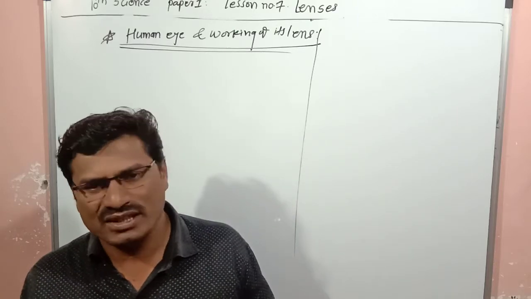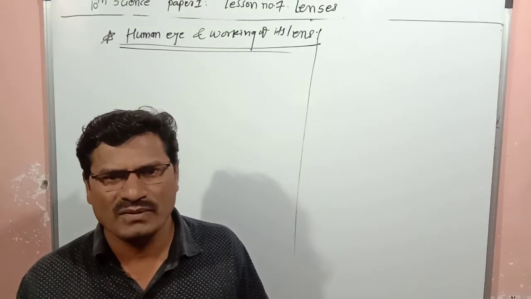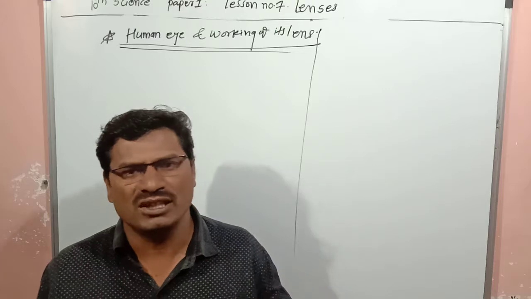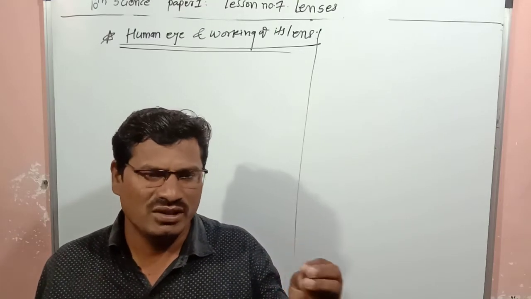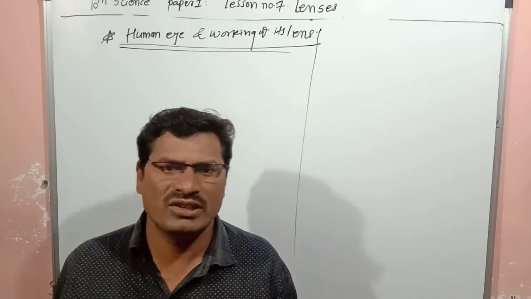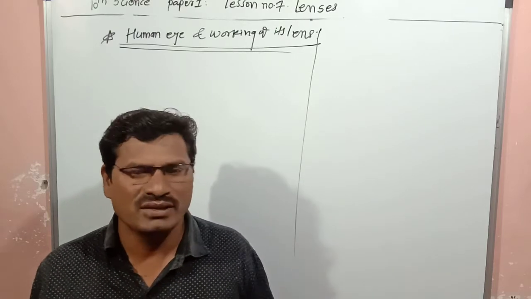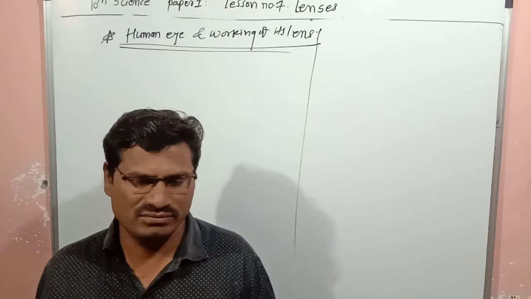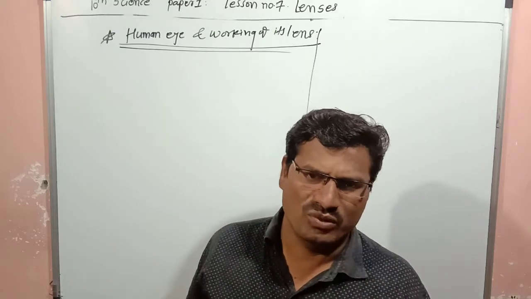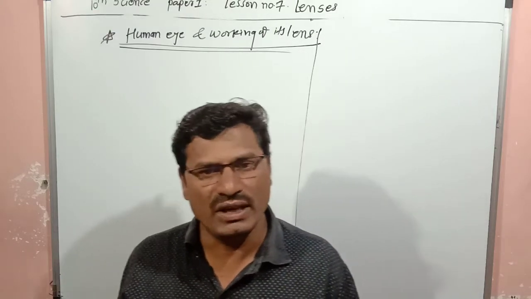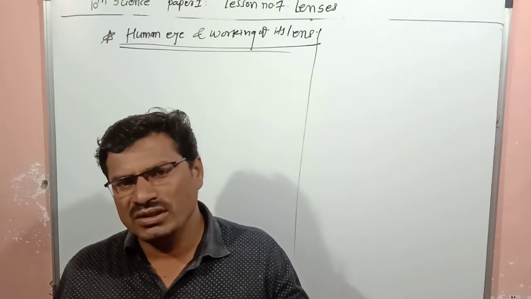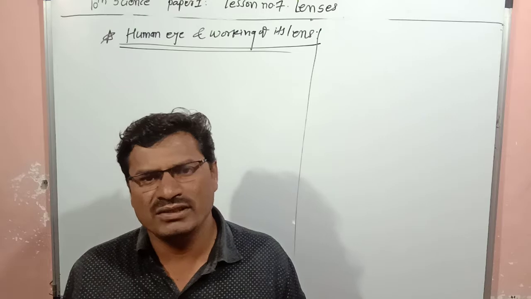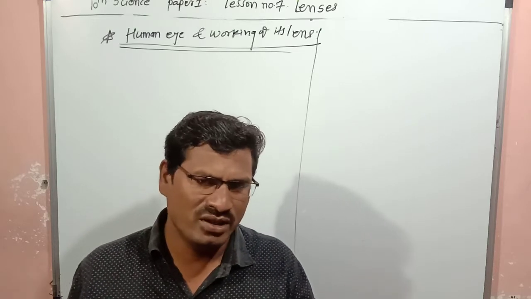The first part is the outermost part. It is a thin, transparent membrane, or cover, on the human eye, and that is the cornea. The second point: light enters into the eye through the cornea.